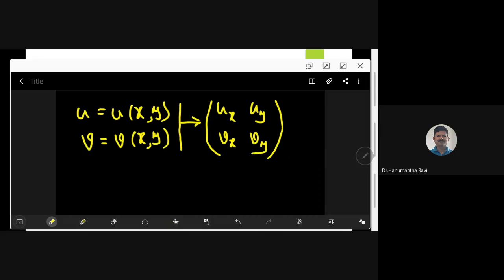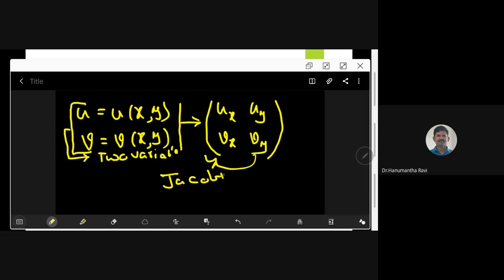So here we have two functions involving two variables, x and y. So this is called the Jacobian matrix: ux, uy, vx, vy.